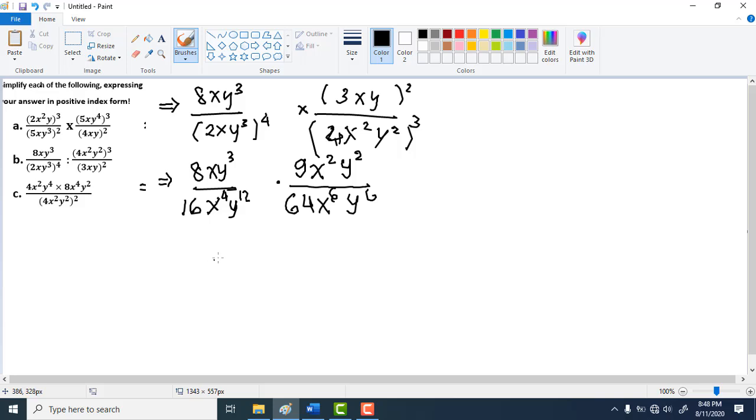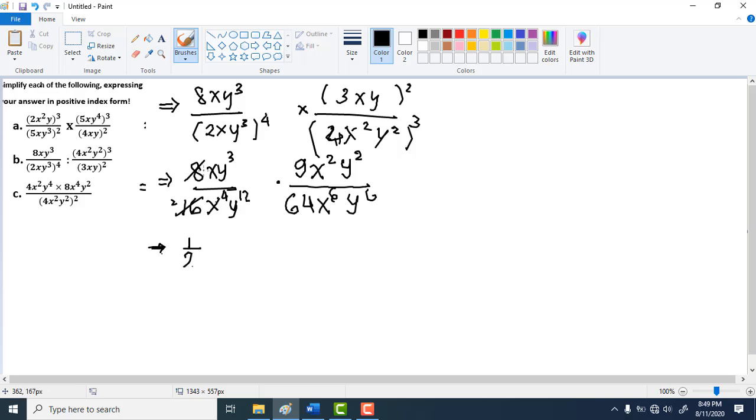Next, this one. Okay, you can simplify the numbers 8 and 16: divided by 8, we get 1; 16 divided by 8, we get 2, so it becomes 1 over 2.